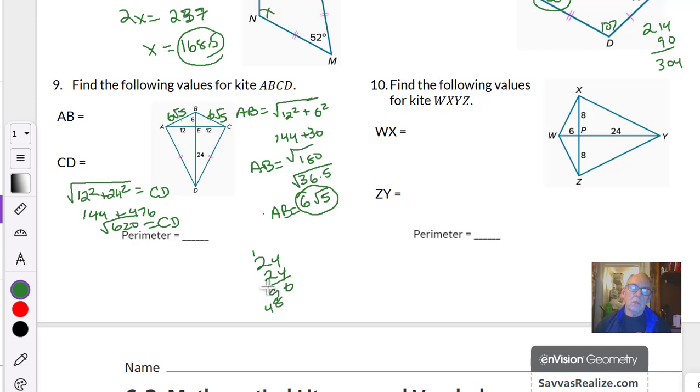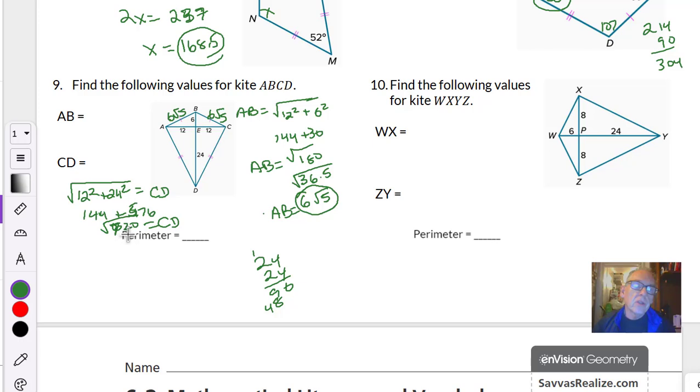So 576 plus 144 gives us 720. So we've got the square root of 720. That's a little bit better number. Now the square root of 720.